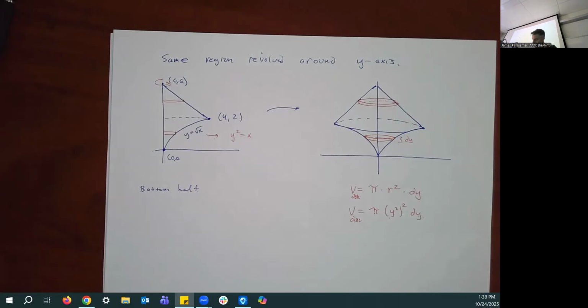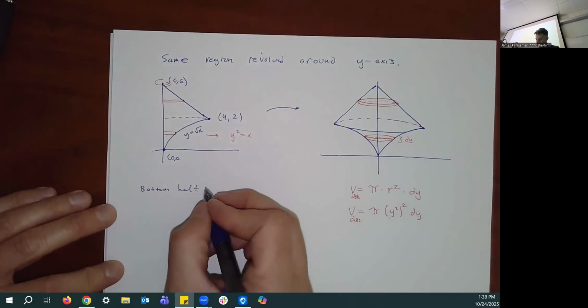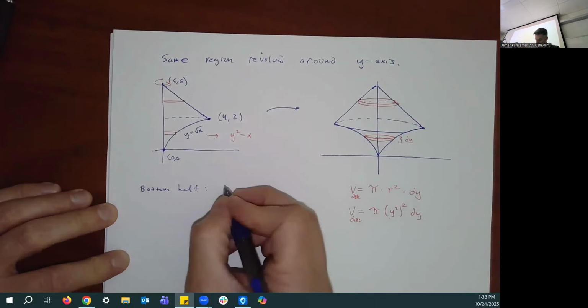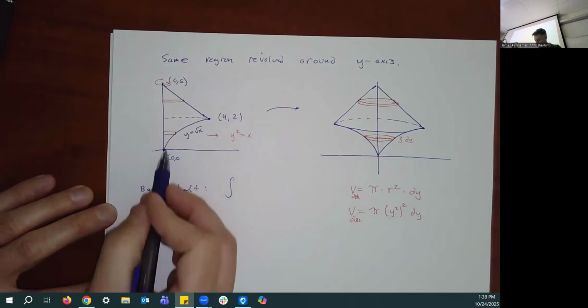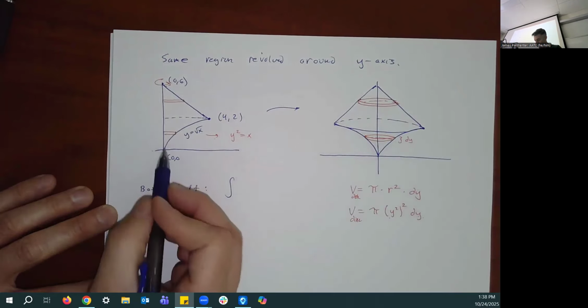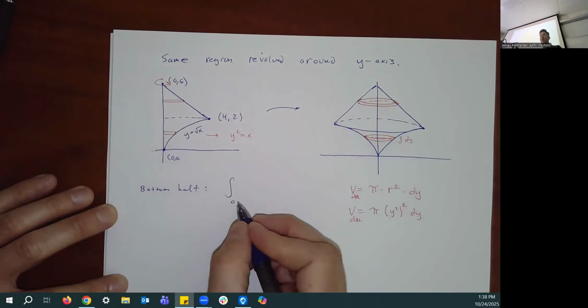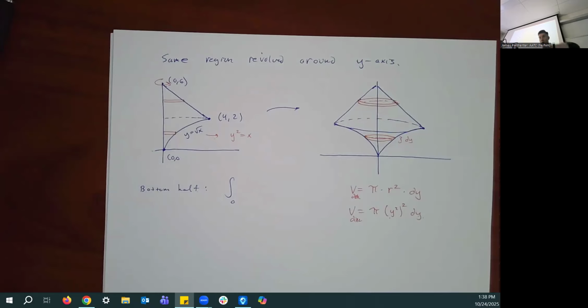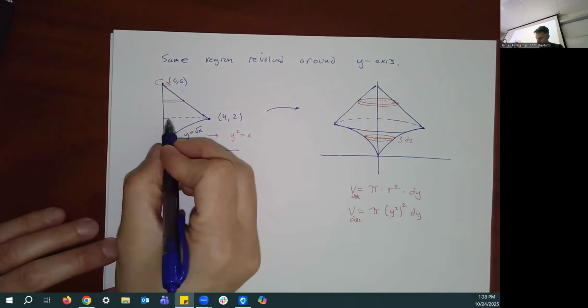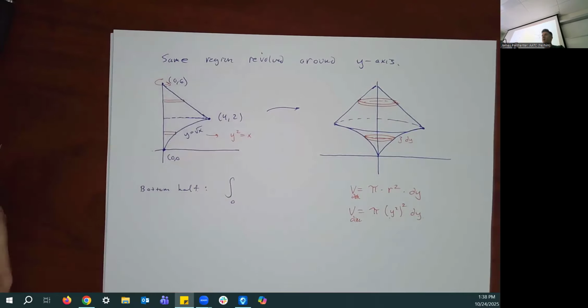There's something else to talk about too. The bottom half integral would be the integral from, well, our disks go as low as 0, not as far left as 0, but as low as 0, and as high as... show me on your fingers. How high do we go?